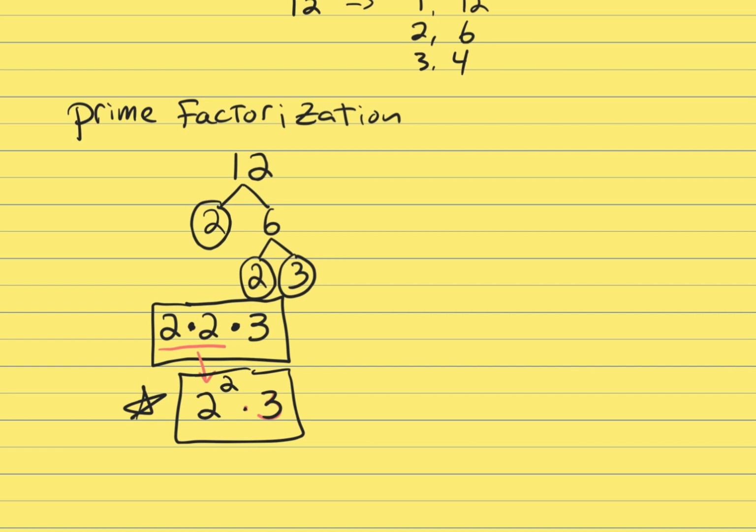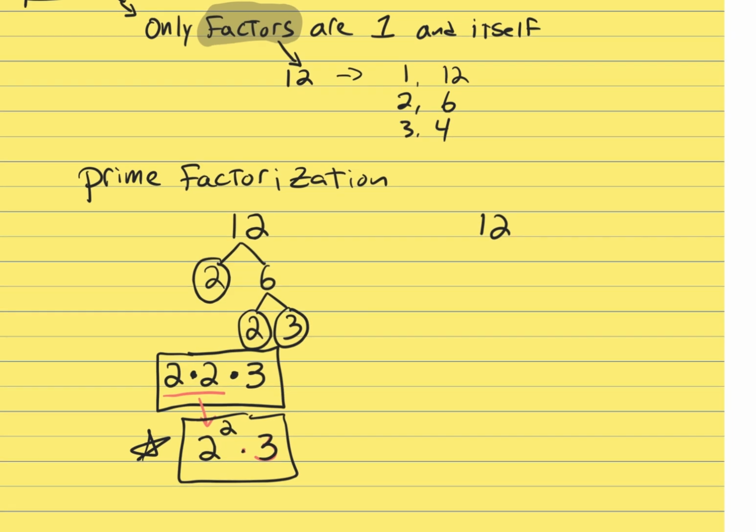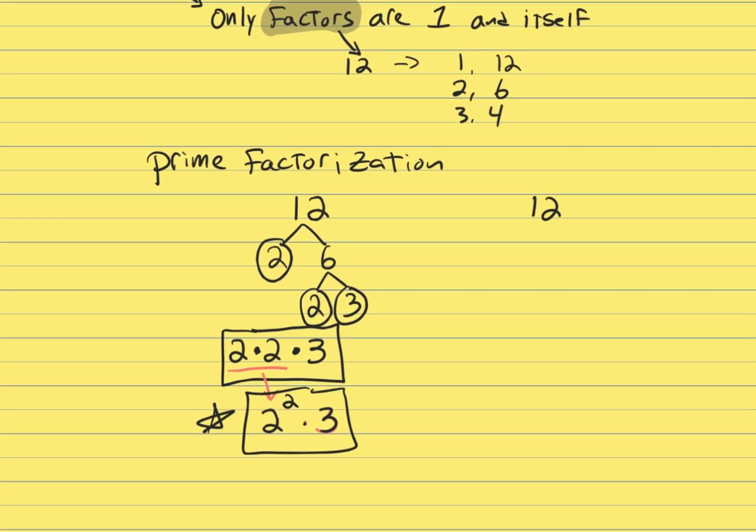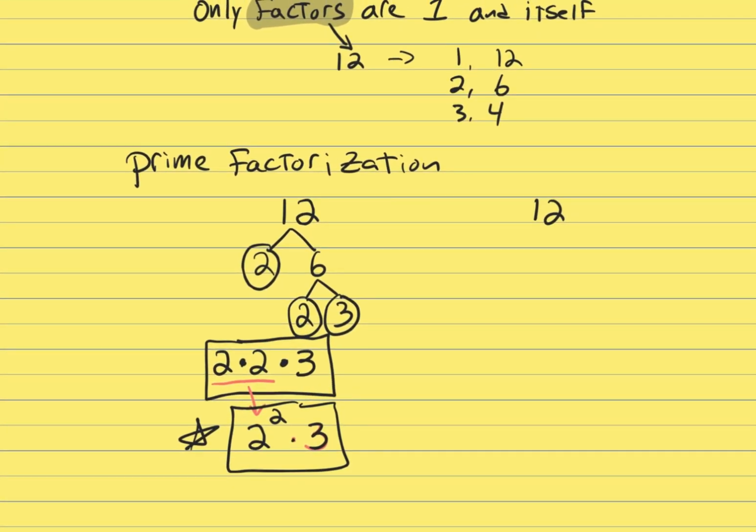Well, the question then that gets asked is, all right, we had all of these factors of 12. We had 1 and 12, we had 2 and 6, we had 3 and 4. Obviously, if I do a prime factorization tree, I'm never going to pick 1 and the number. It just doesn't make sense because I'm back to where I am. But what happens if I would have chosen 3 and 4 instead, and I didn't use 2 and 6?